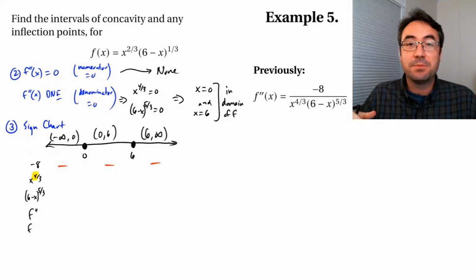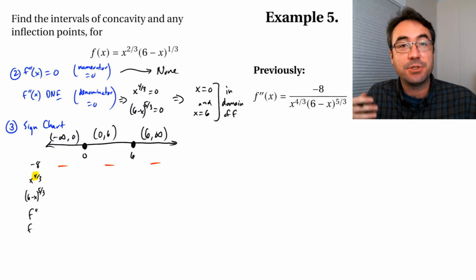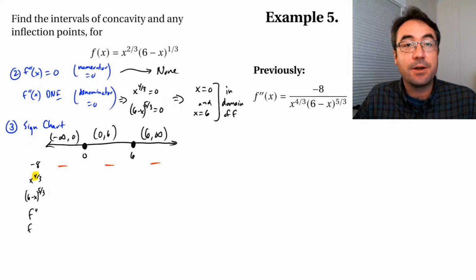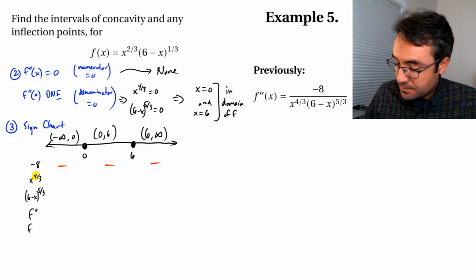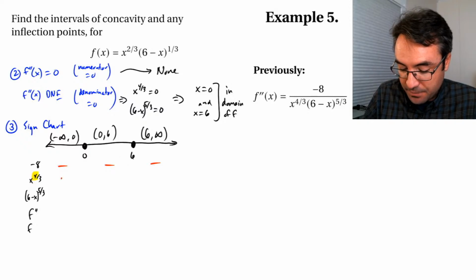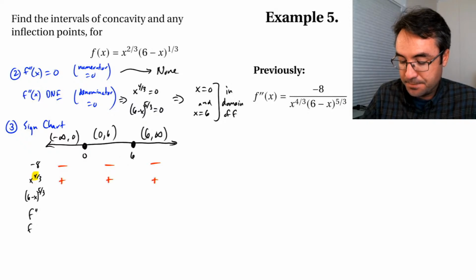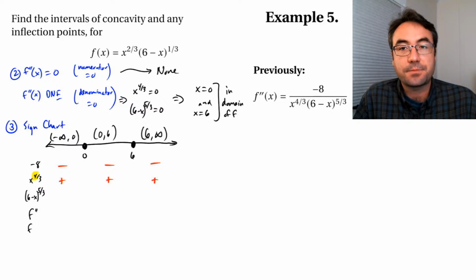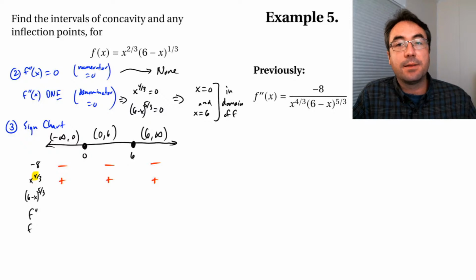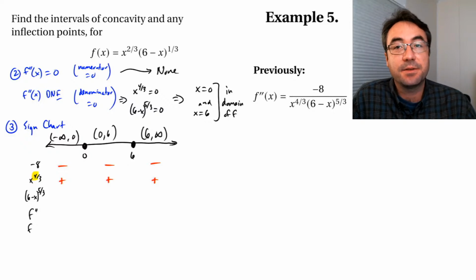So if you multiply any number by itself 4 times, you're always going to be greater than or equal to 0. And so on every one of these intervals, always positive. And so the only one that we might need to think about a little bit is that 6 minus x to the 5/3.